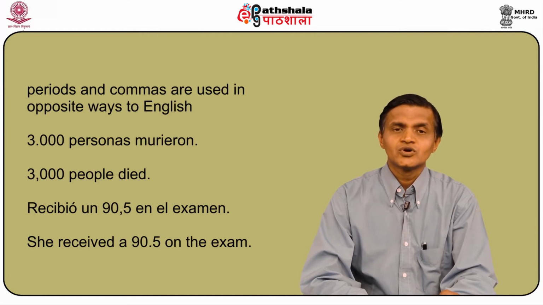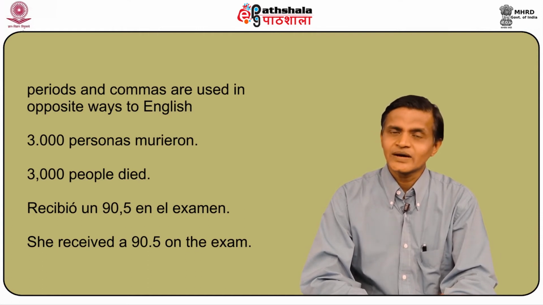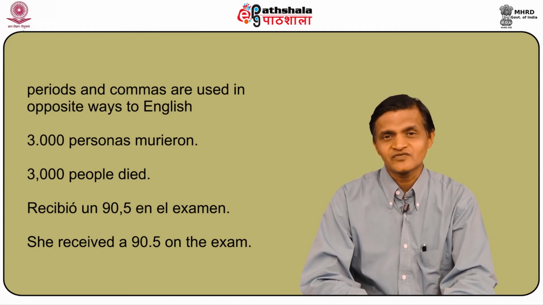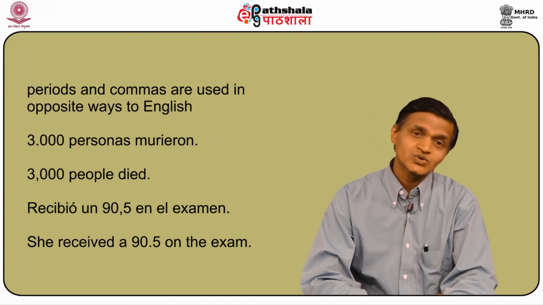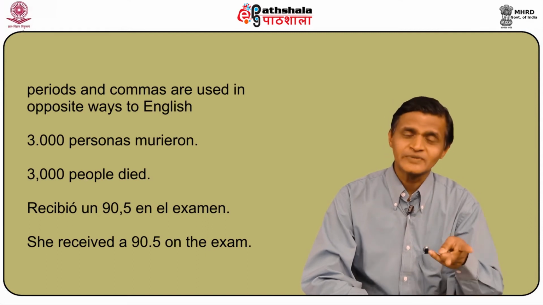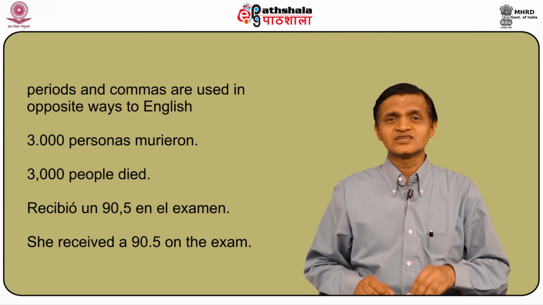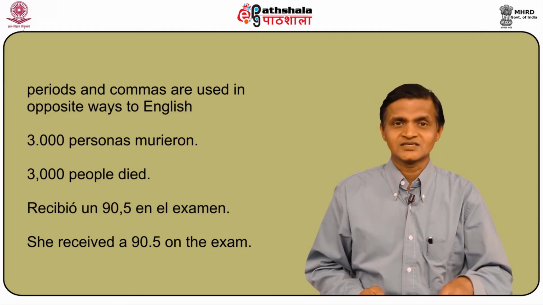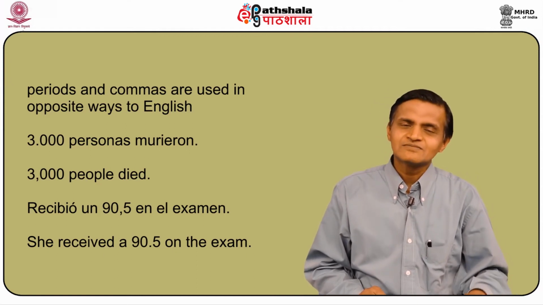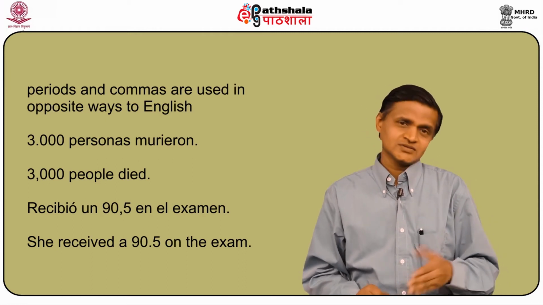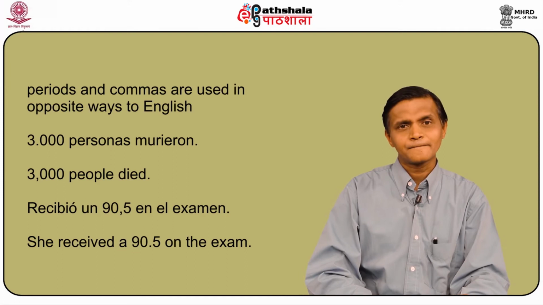Recibió un 90,5 en el examen. She received a 90.5 on the exam. So it is completely opposite. 90.5 changes into 90,5, and 3,000 has a punto, and 3.000 has a comma.